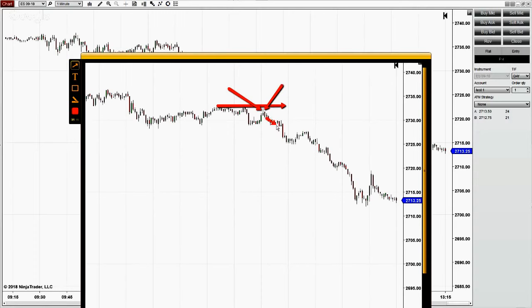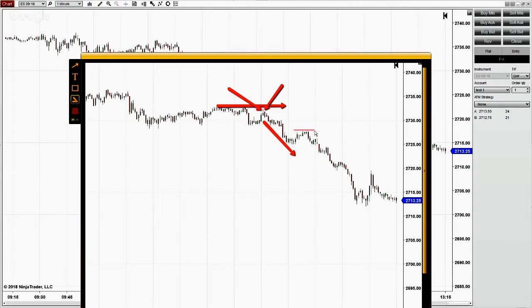Anytime the market goes down that fast, the market has to go back and confirm. It's normal. Any given day, any minute, the market has to pull back a little bit and confirm right there.